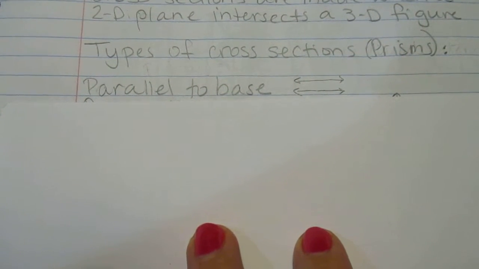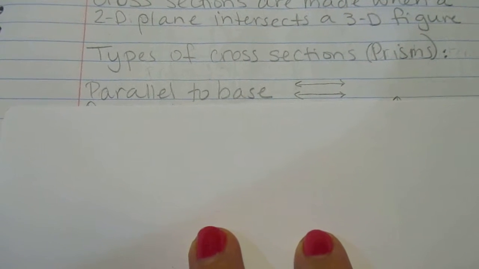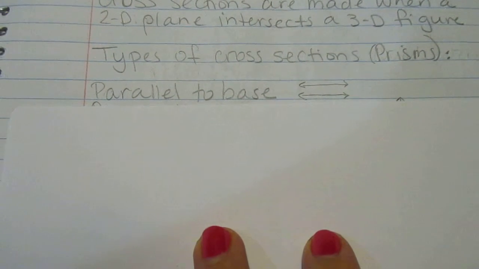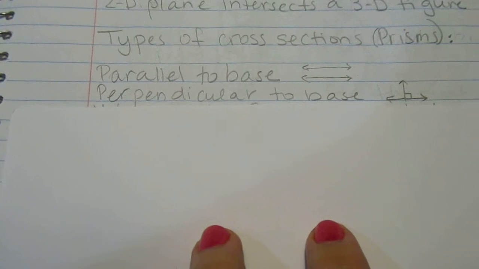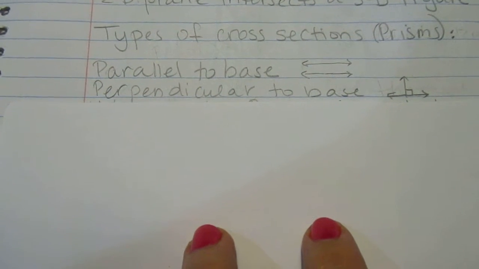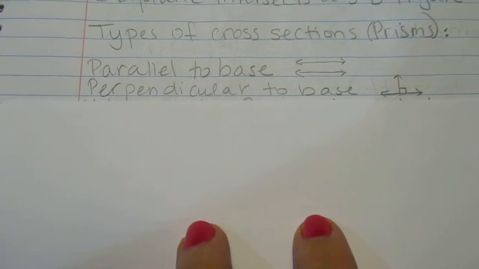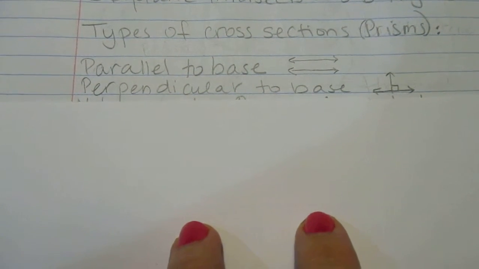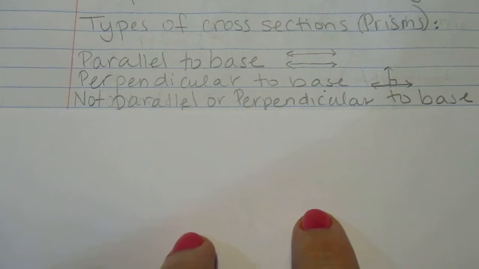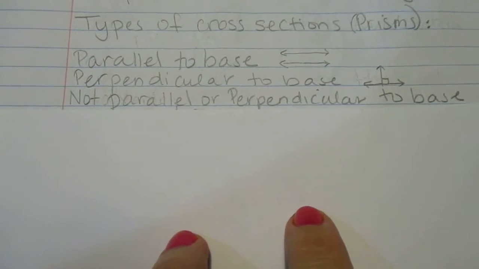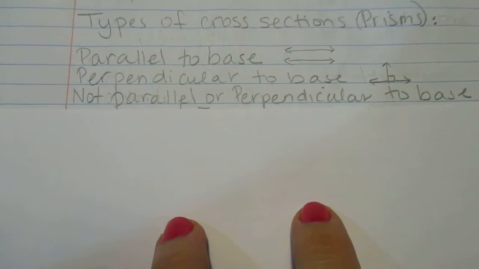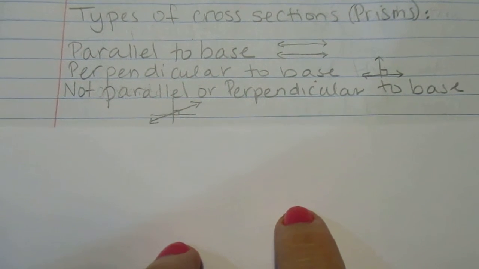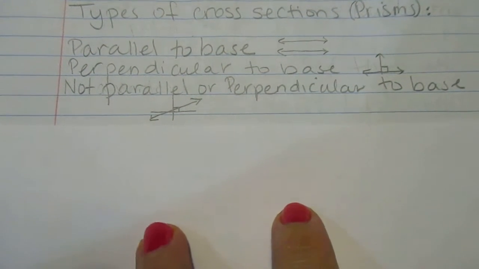This is where you would take your knife and slice through your bread parallel to the bottom of the loaf. The next kind is perpendicular to the base, where you would slice through the loaf of bread from top to bottom, 90 degrees. And the third is where it's not parallel or perpendicular to the base, so it's going through at some sort of an angle.